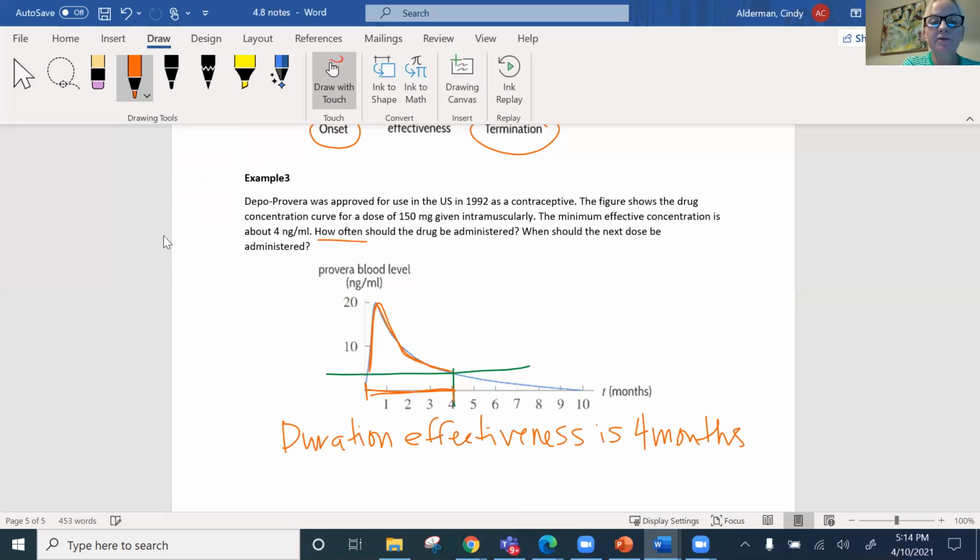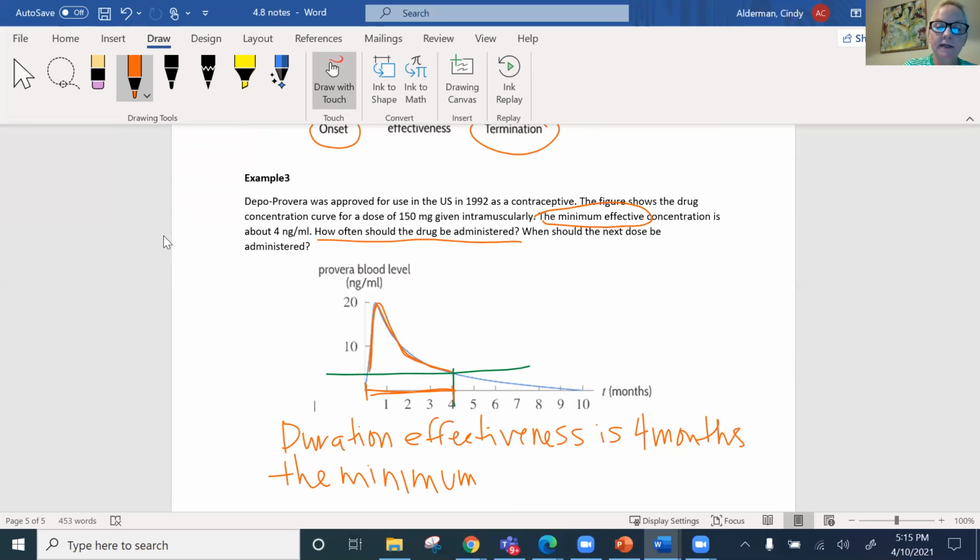All right, so how often should the drug be administered? And when should the next dose be given? If the minimum effective concentration lasts 4 months, right? So since the duration of effectiveness is 4 months, the minimum... I'm trying to say here.